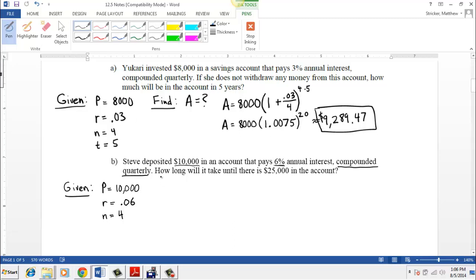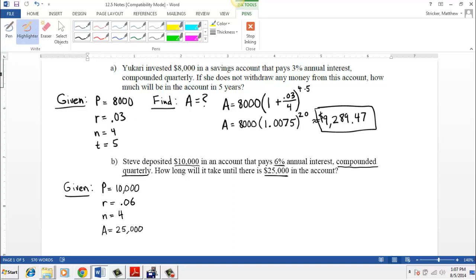In the last sentence it asks how long will it take until there's 25,000 in the account. That 25,000 is some future amount, so that's the A that is given. So this problem is definitely different than the last one, because in the last one we were trying to find the A. This one we're given the A. What is it that we're trying to find? What about this problem tells us what we're looking for?